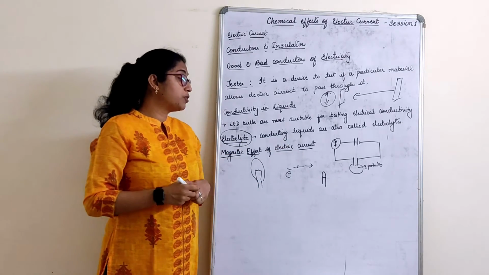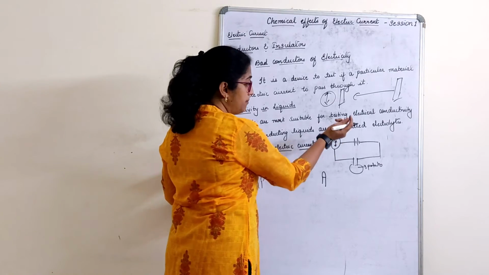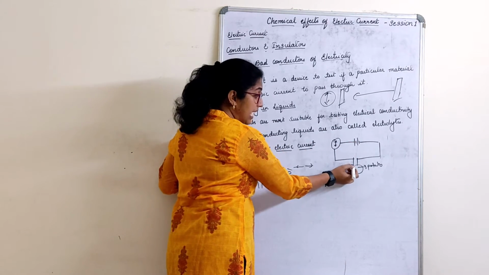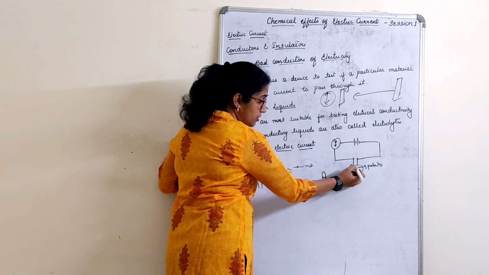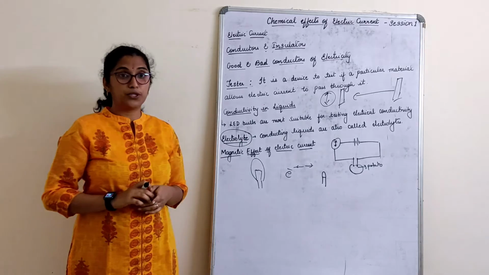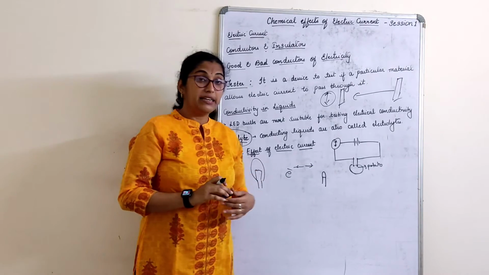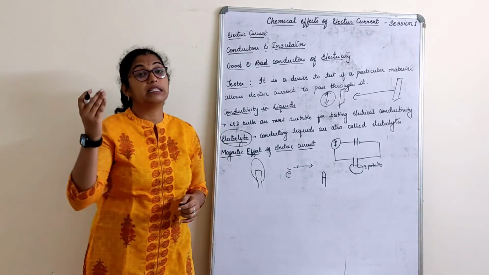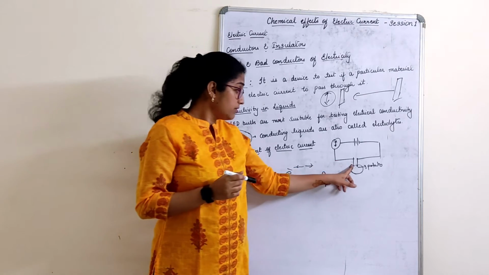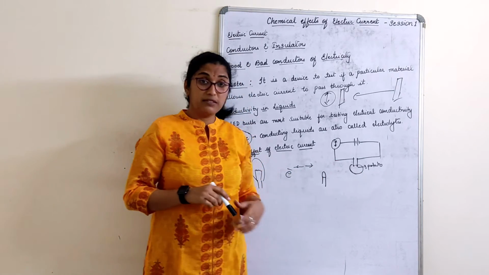Now in your book, they have given a magnetic compass, a battery, and a potato. Both the terminals are inserted in the potato. A magnetic field is created once the current is passed through it. How do you come to know which is the positive electrode?